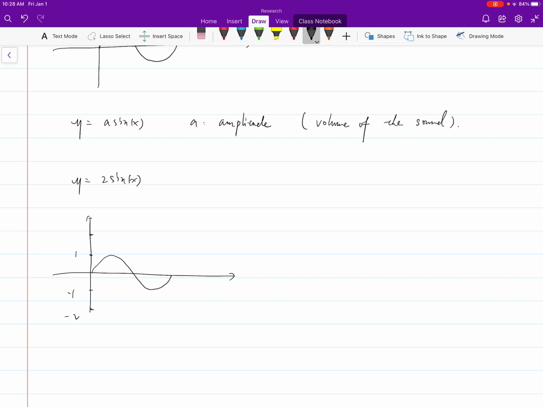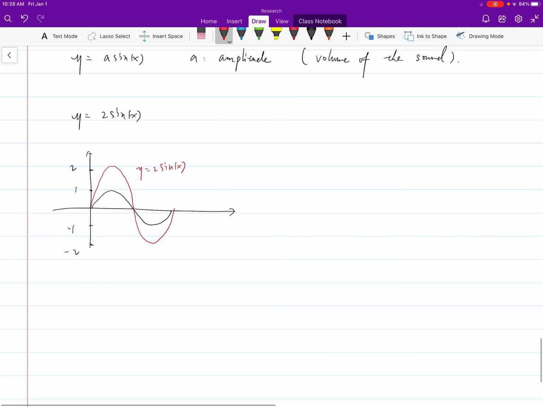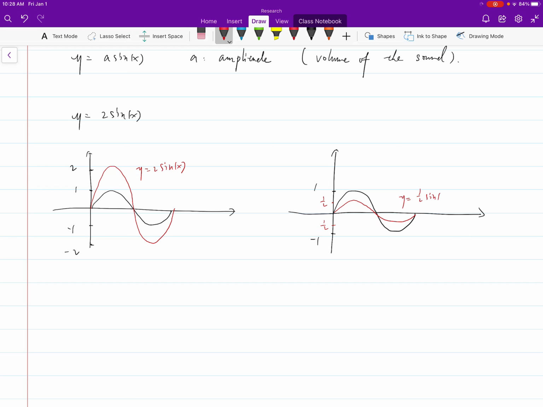Therefore, if this is the original sine wave, this new one will go from -2 to 2, which gives you the same sine wave, but like this. Similarly, if you times by 1/2, that will make everything half the size in the y direction.